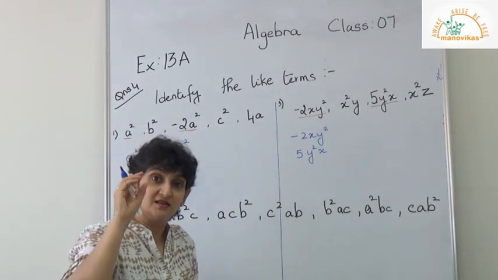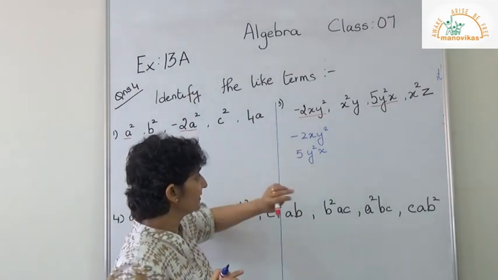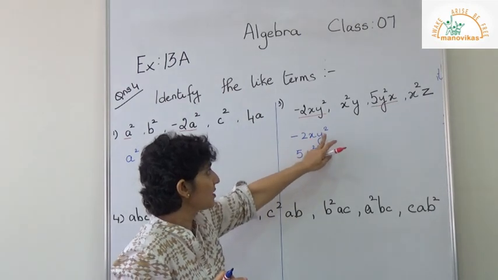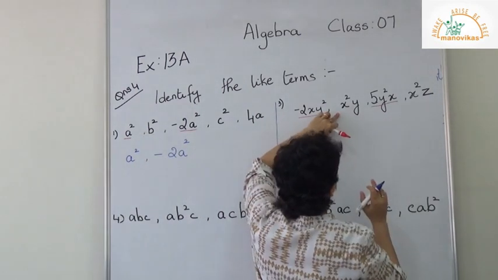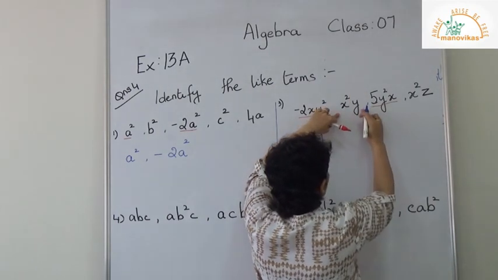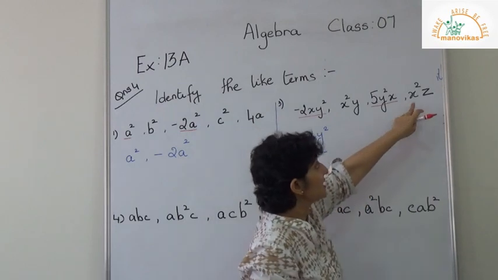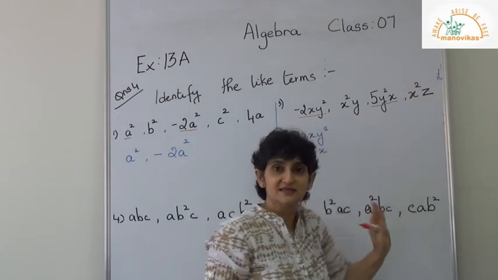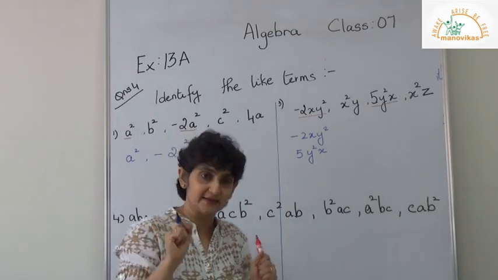They both have the same alphabet and the same exponents. Clear? Then this is x squared y. Now here again it is totally different. This is x squared z. So only these two are your like terms.